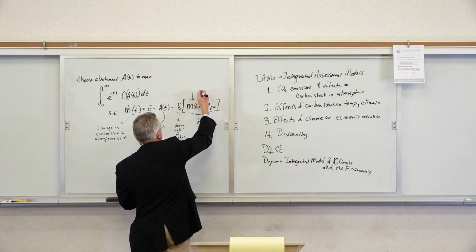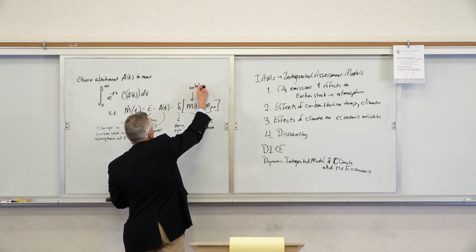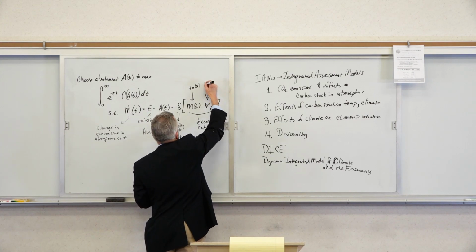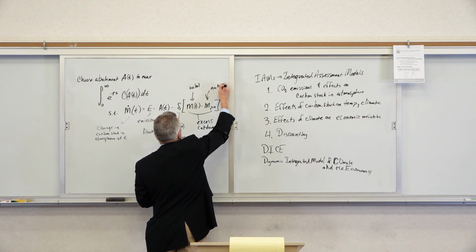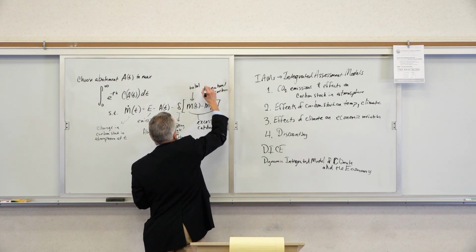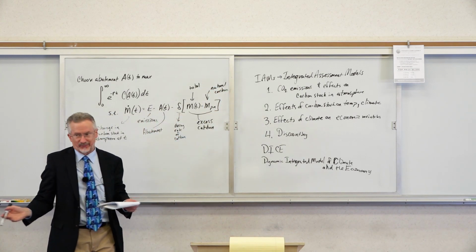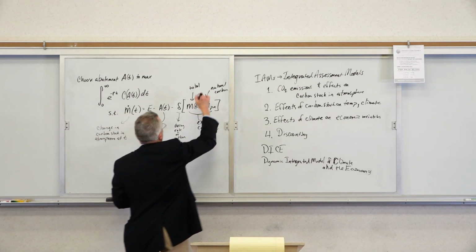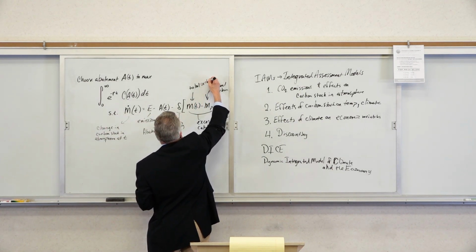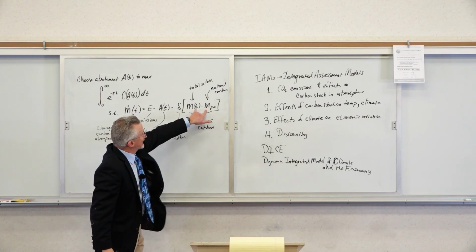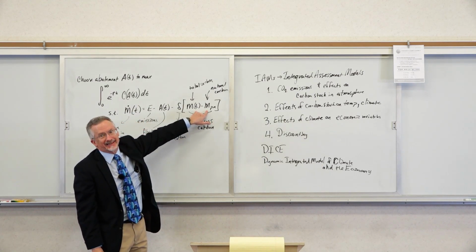And so that's the total, and that's the natural. I'll just call it natural right now, but the natural carbon means pre-industrial or pre-man or something like that. And there's the total carbon, right? So this is the difference. This is the additional carbon that human beings are putting into the atmosphere.